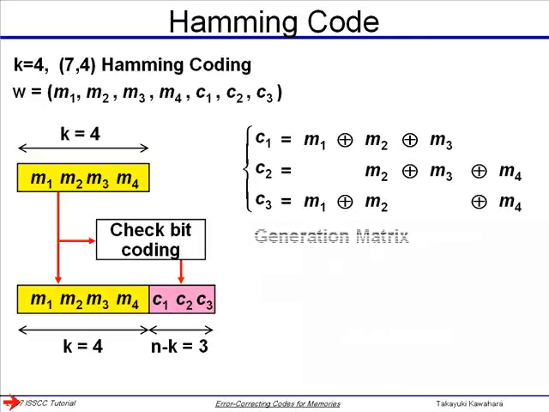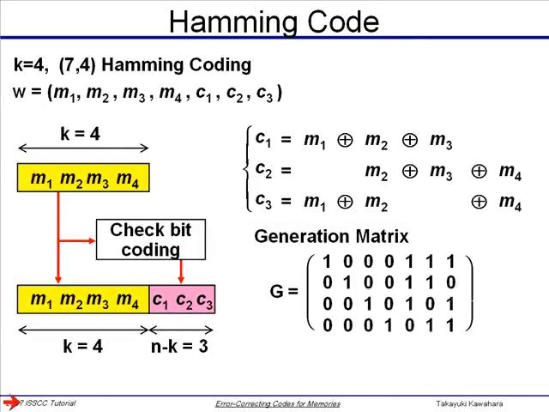Also, we can find the generation matrix. That means the code word is equal to G times the original bits. That's the generation matrix.